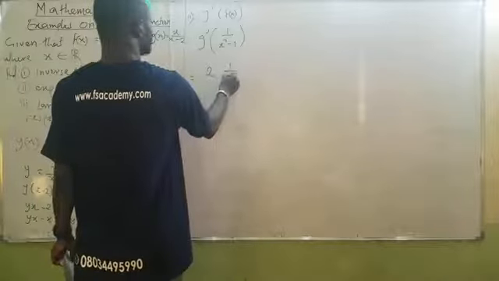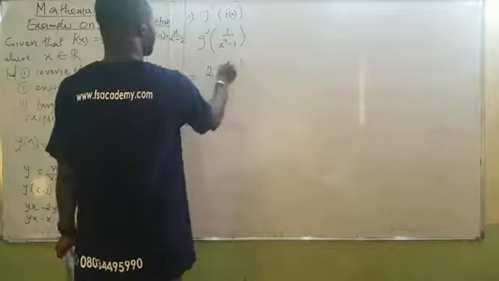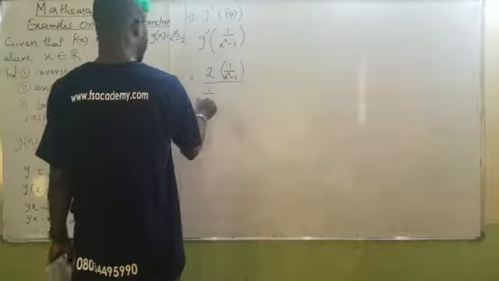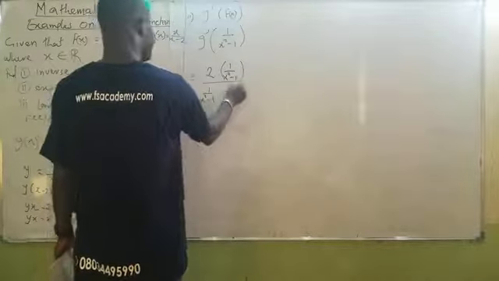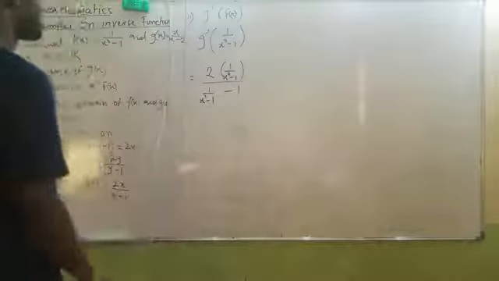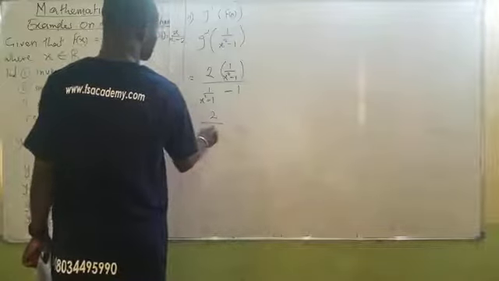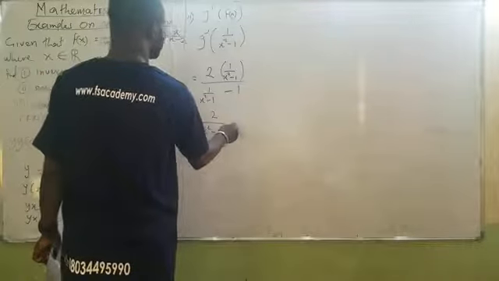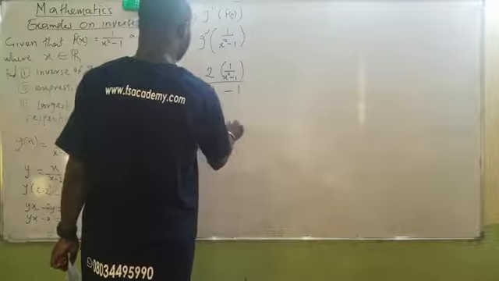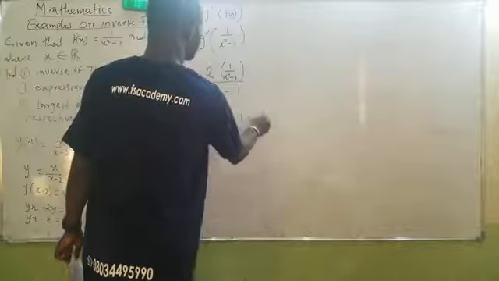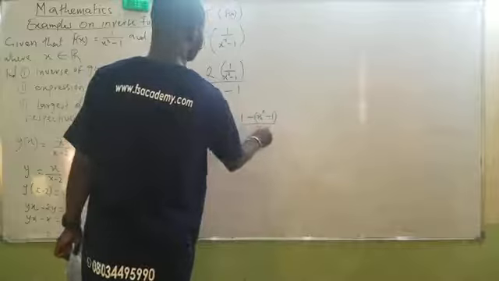It means it will be equals to 1 all over x squared minus 1 divided by, I'll be having 1 all over x squared minus 1. Now, which I'll be having 2 divided by x squared minus 1 divided by 1 minus x squared minus 1 divided by x squared minus 1.